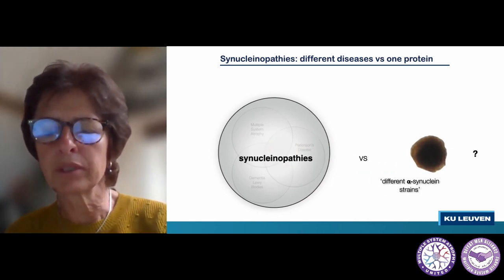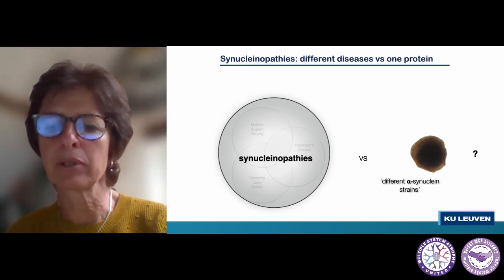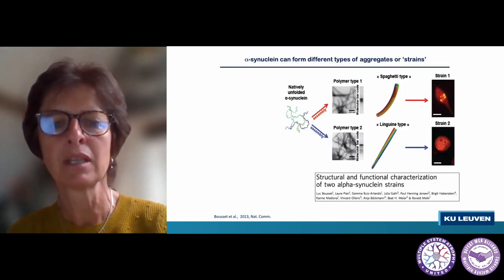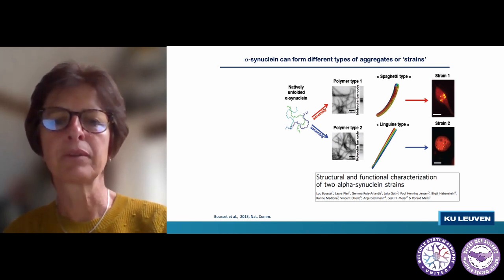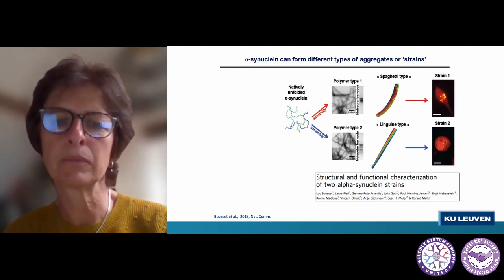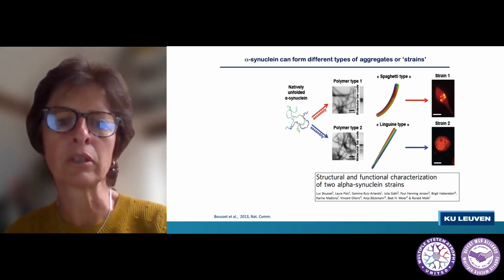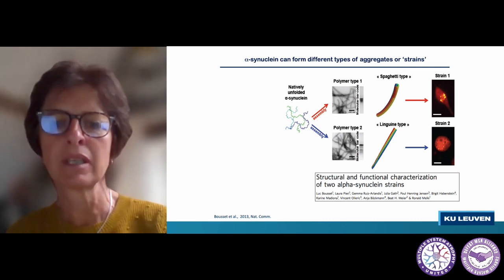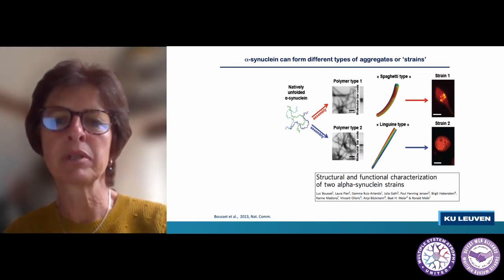And so one of the concepts that we have worked on is the concept of strain. This concept of strain comes from prions, from prion diseases. To explain a little bit what this means, a strain means that you have, for example, what you have here, your soluble unfolded alpha-synuclein that can aggregate into these fibrils. And the shape of the fibrils can be different.